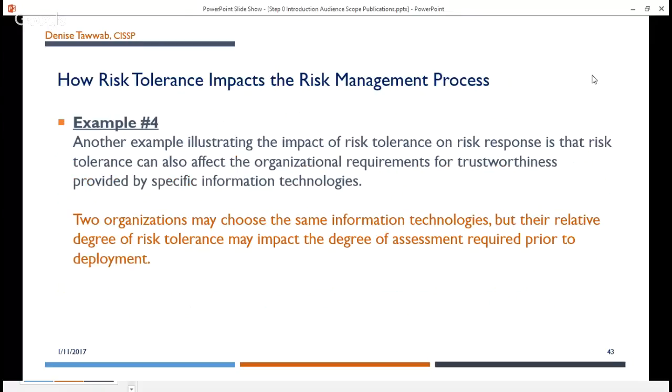All right, still talking about how risk tolerance impacts the risk management process. Example 4 is that risk tolerance can also affect the organizational requirements for trustworthiness provided by specific information technologies. So two organizations may choose the same information technology, but their relative degree of risk tolerance may impact the degree of assessment required prior to deploying that technology.